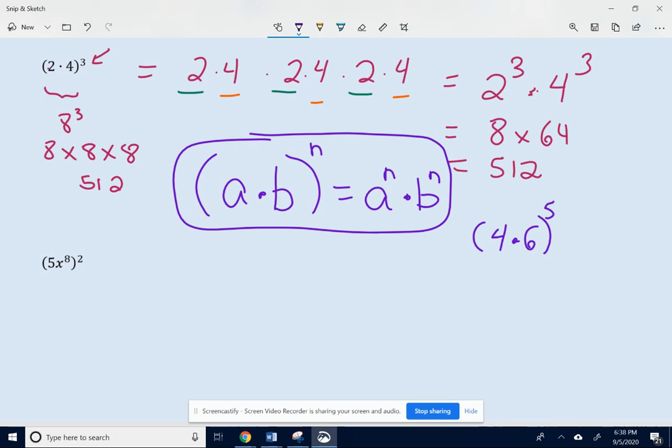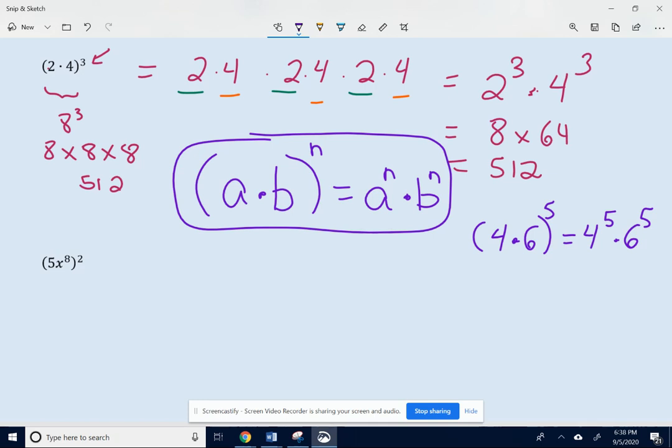I just want you to understand the rule. If I wanted to apply this rule, 4 times 6 to the 5th power, that would be 4 to the 5th power times 6 to the 5th power. Now that's kind of 8th grade level.